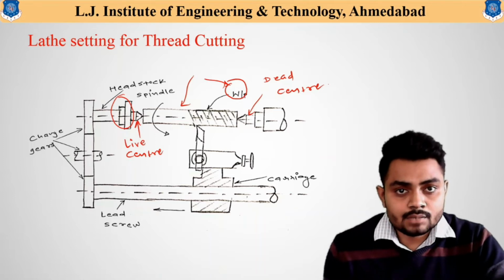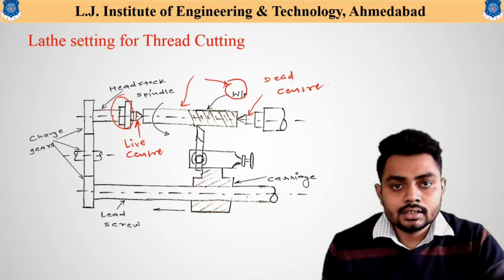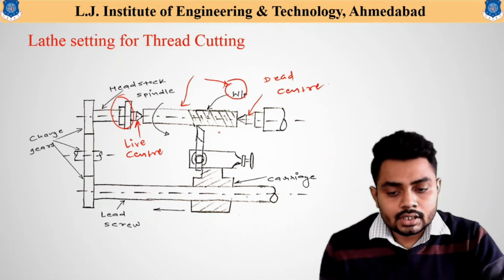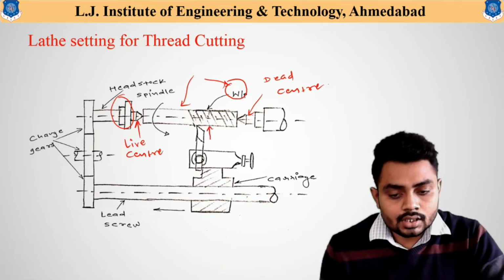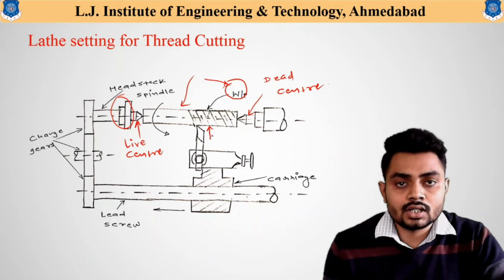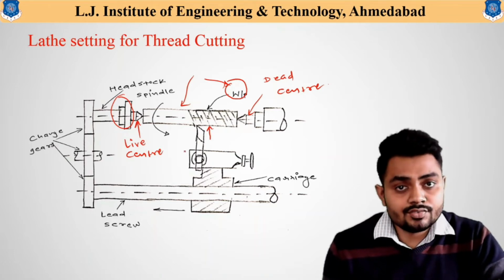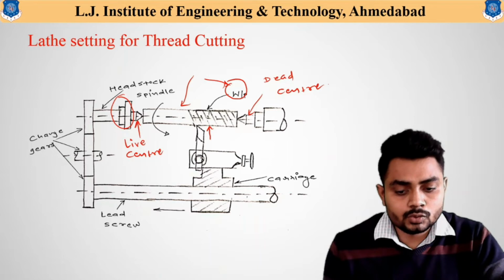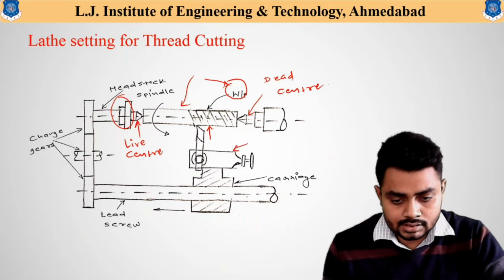Now this workpiece is given rotation, and at another point this tool is attached towards the workpiece for the cutting operation. This tool is fixed on the tool post, and this tool post is fixed on the compound rest.